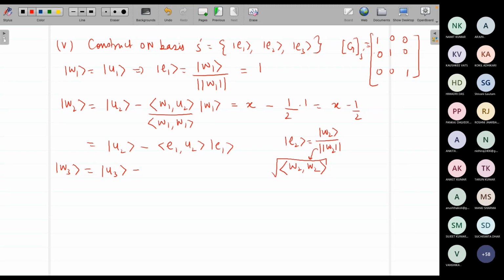Anyway, so help me find out this E2. So do find out this norm of W2. Root 1 by 3. Okay, so what did you have? Integral of x minus half squared dx from 0 to 1. Please do that.